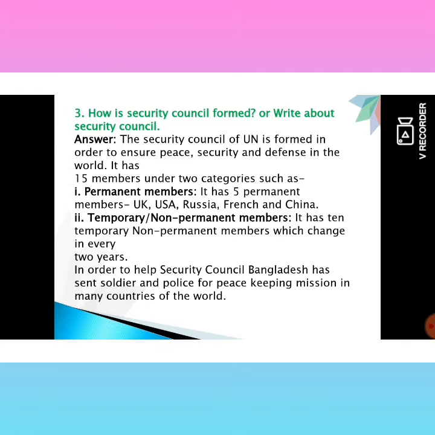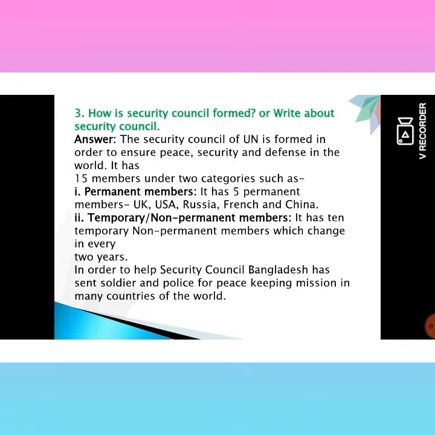It has total 15 member countries under 2 categories: 1, permanent members and 2, temporary members. It has 5 permanent members, UK, USA, Russia, France, and China. And it has 10 temporary members or non-permanent members, which change every 2 years. Every 2 years, 1/3 is changed.